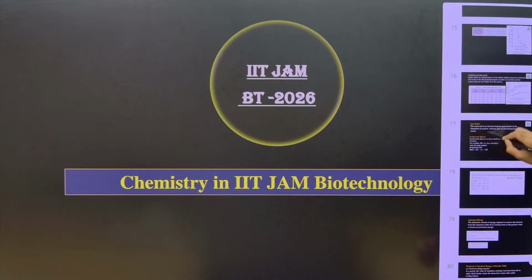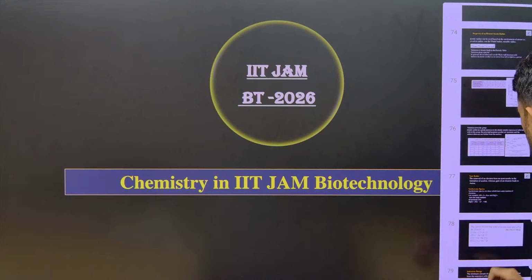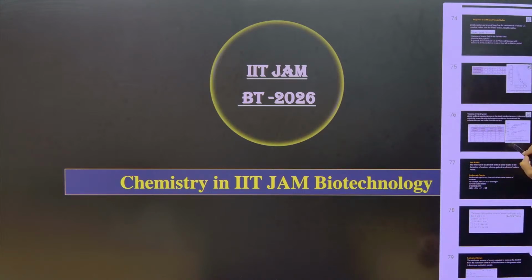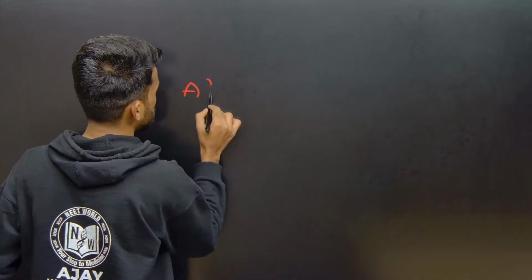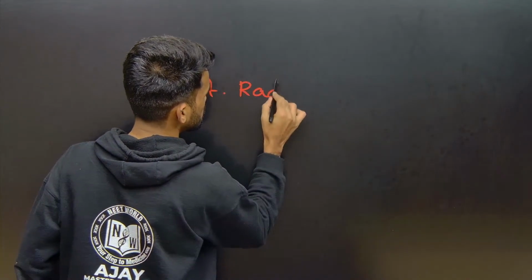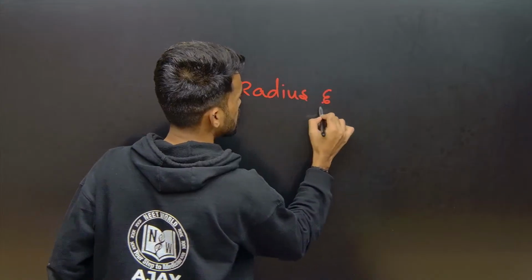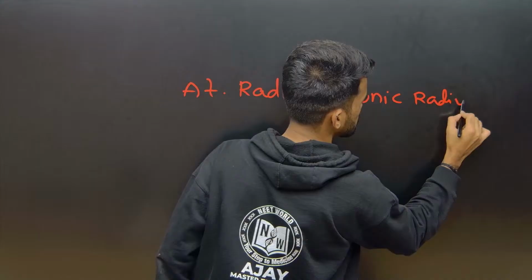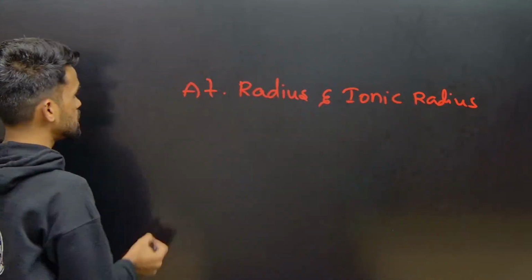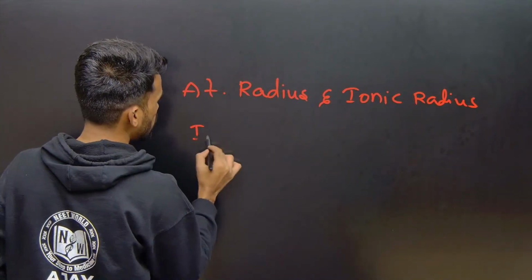I just want to have a quick recap of yesterday's discussion. Tell me what we discussed in the last class. What are the properties we discussed? One is atomic radius as well as ionic radius, and next we discussed isoelectronic species.